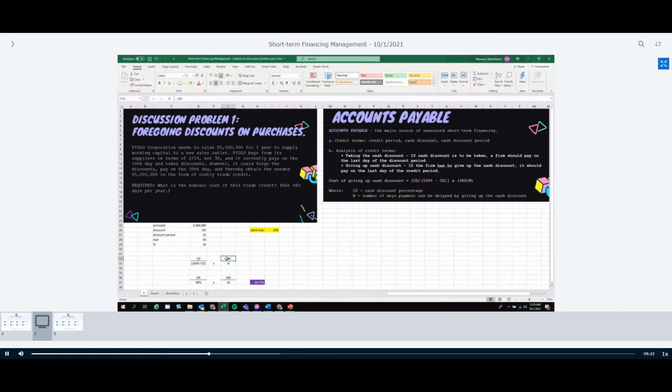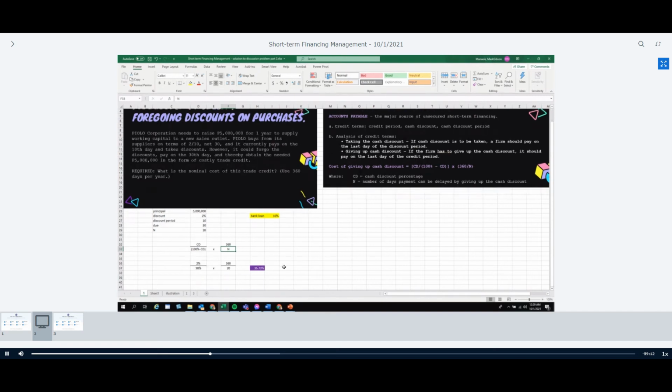So of course, because we all have the pertinent information available, we can now derive the formula. So CD, this is 2% or this is simply the discount. O para hindi ka malito, I just simply put cash discount percentage. That's 2%. Of course, the denominator is 100% less the CD.